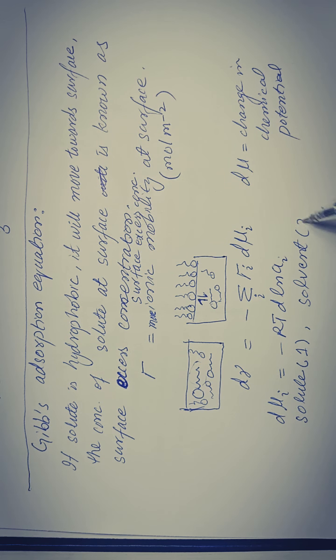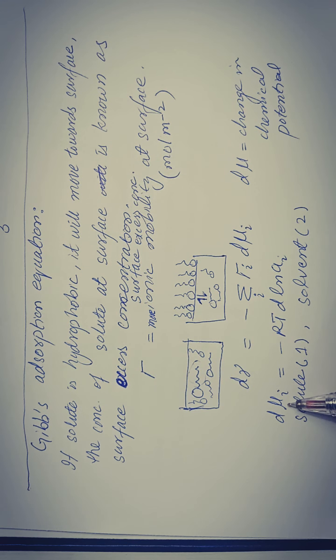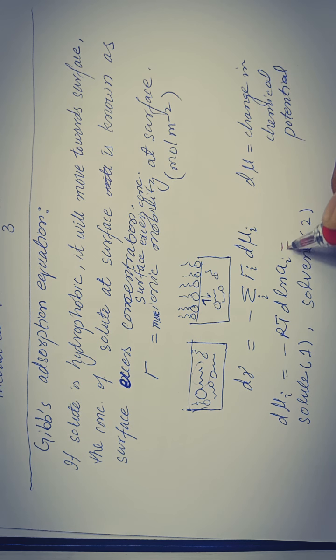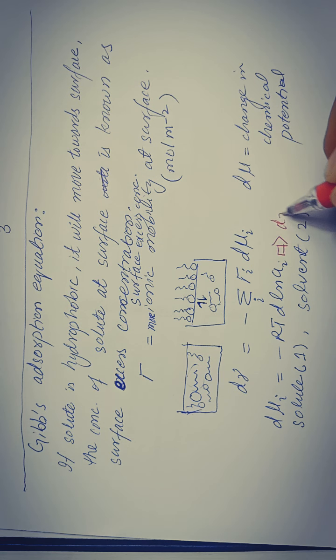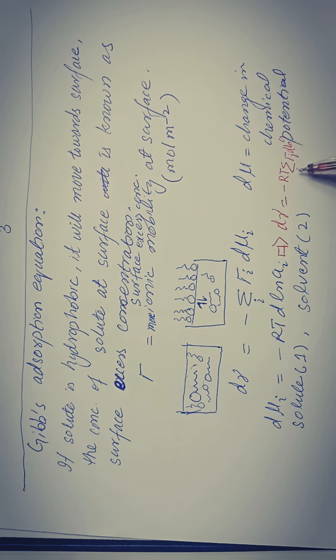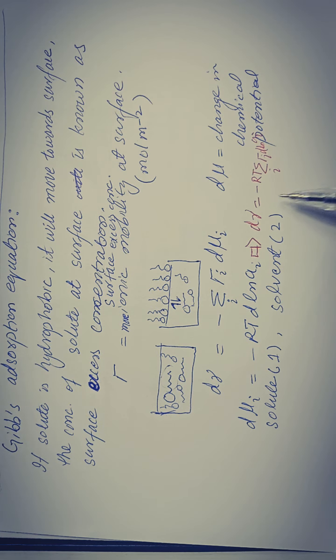For solvent i is 2. So by adding the value of change in chemical potential to the change in surface tension d gamma, that is, d gamma equals minus RT summation of surface excess concentration d log natural of activities a_i.